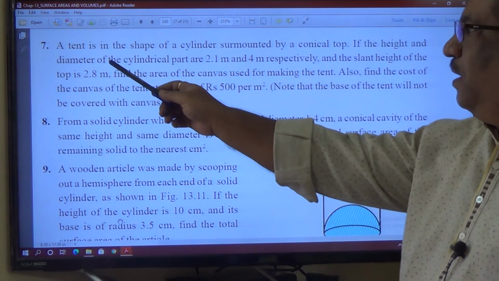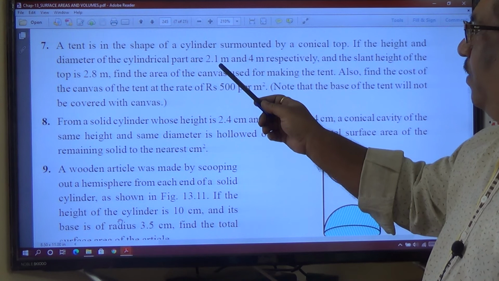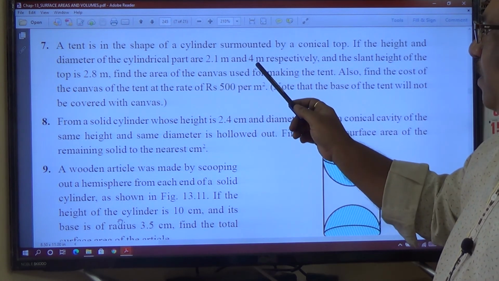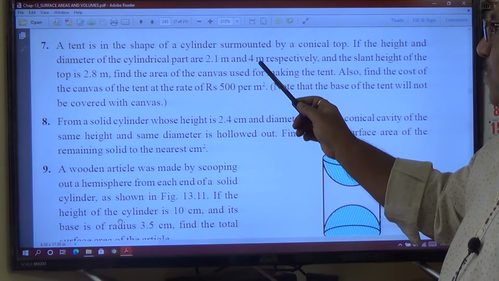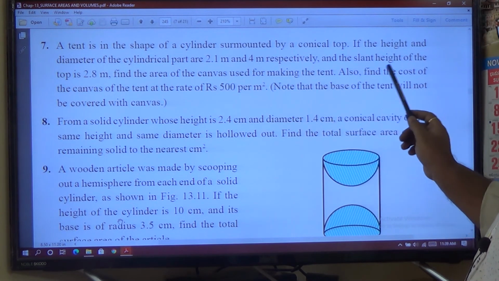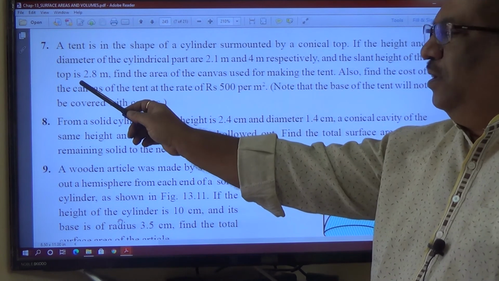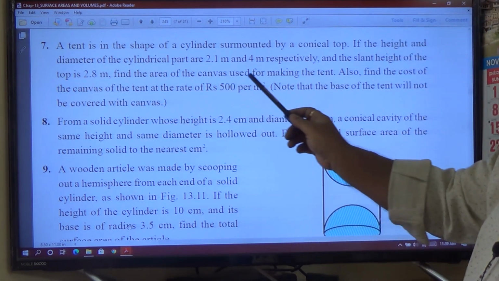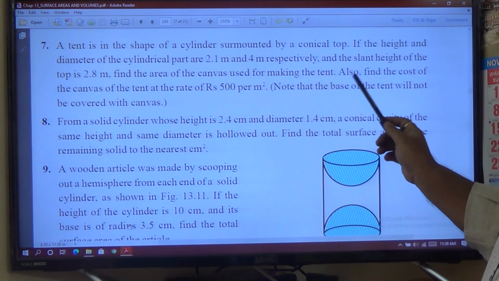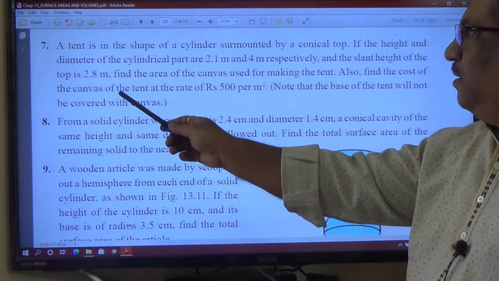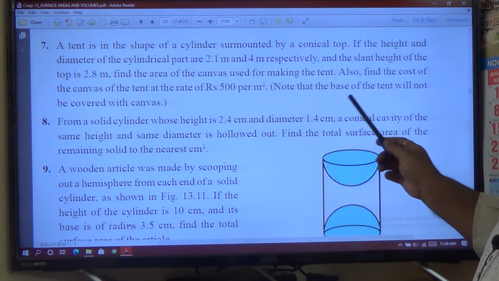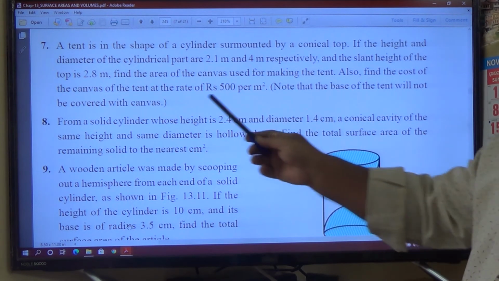If the height and diameter of the cylindrical part are 2.1 and 4 meter respectively, and the slant height of the top, that is the slant height of the cone, is 2.8 meter, find the area of the canvas used for making the tent. Also find the cost of the canvas at the rate of rupees 500 per square meter. Note that the base of the tent will not be covered with the canvas.